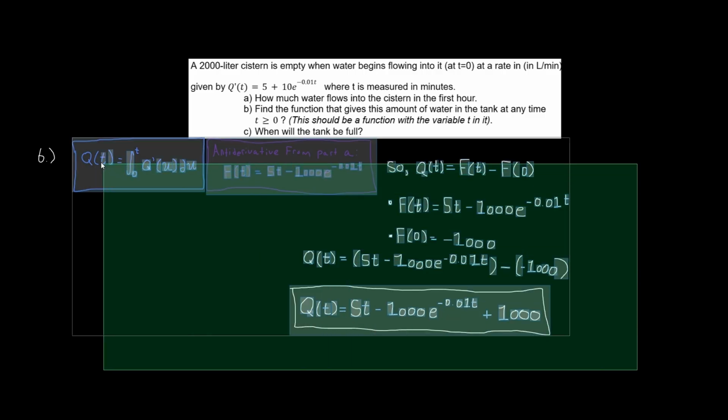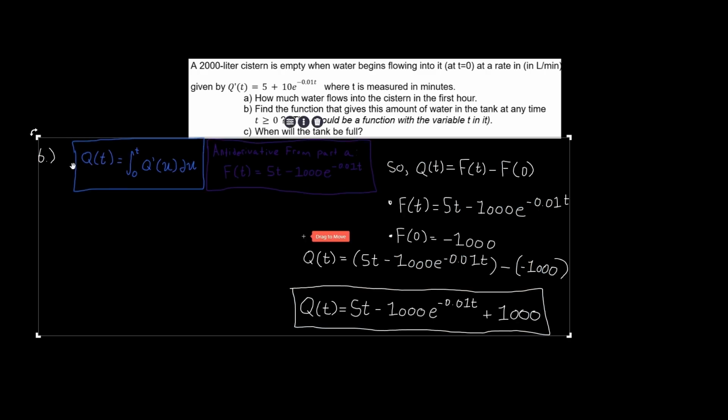Now we're going to do part C. The cistern is 2,000 liters, so the tank is full when Q of t equals 2,000. Now what we're going to want to do is write down Q of t, and we already found Q of t. Remember, it's 5t minus 1,000 times Euler's number raised to the power of negative 0.01 times t plus 1,000.